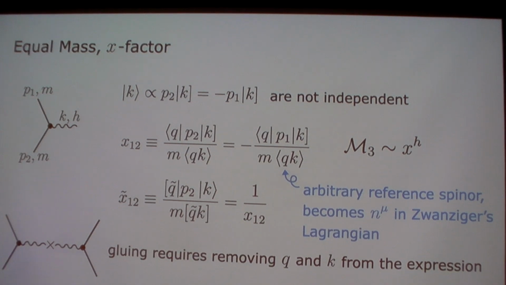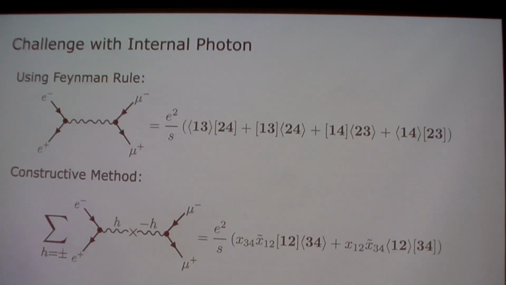You'll see that later. But for now, if we want to use this 3-point amplitude to calculate the 4-point by gluing the massless particle, then you will have to remove the k and q from the expression. And this turns out to be kind of hard. So let's look at the simplest example. This is the simplest amplitude you can calculate in your quantum field theory class.